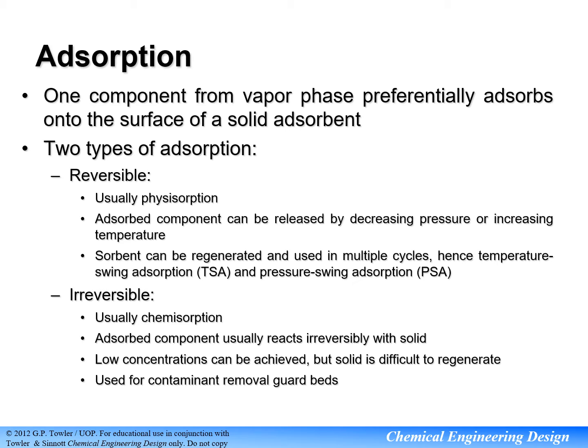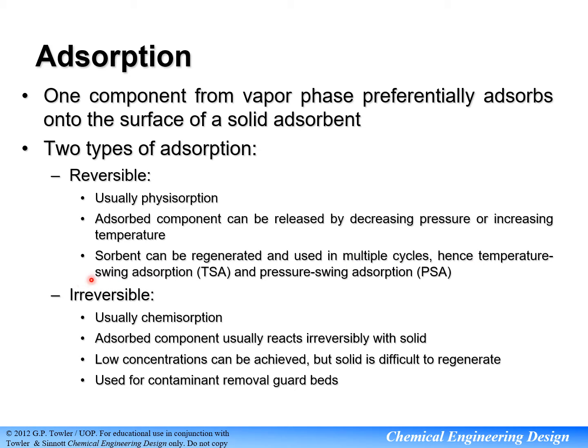For reversible, the mechanism is physisorption, while for irreversible it is chemisorption. For reversible, the adsorbed component can be released by decreasing pressure or increasing temperature. The sorbent can be regenerated and used in multiple cycles.